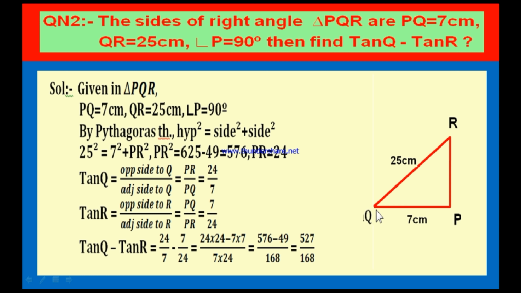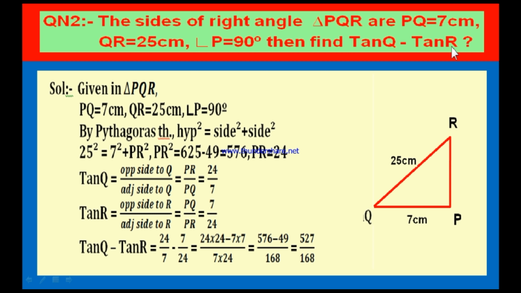PR. And what is the adjacent side? PQ. Therefore, tan Q is equal to PR by PQ. We just got PR is equal to 24. Therefore, this is 24 by PQ, which is 7. So we got the value of tan Q, which is equal to 24 by 7.